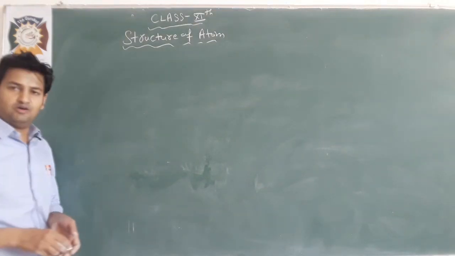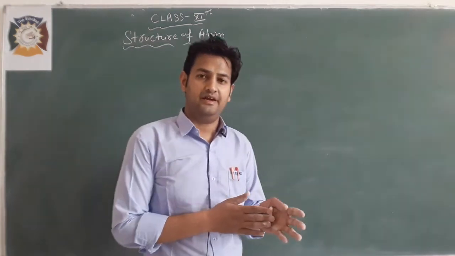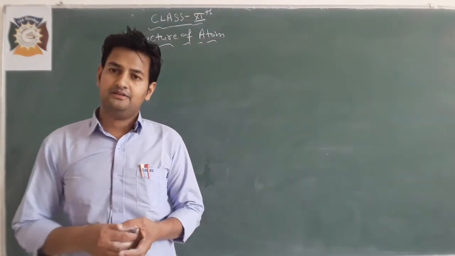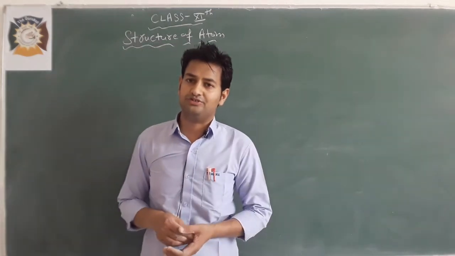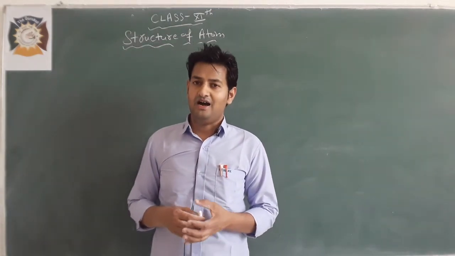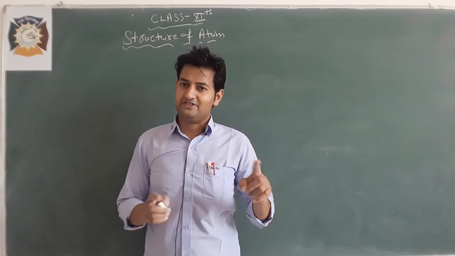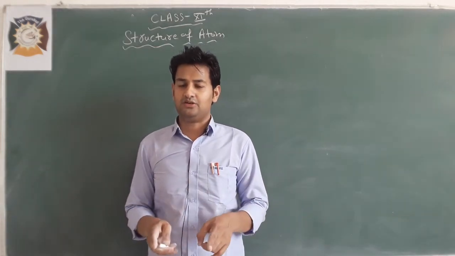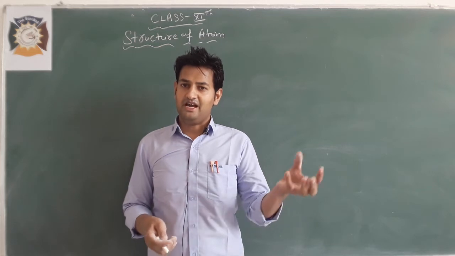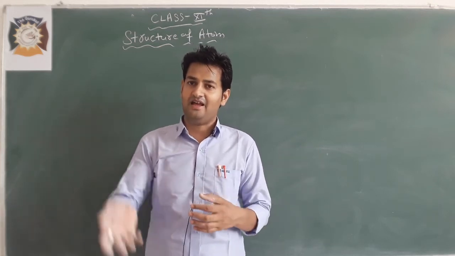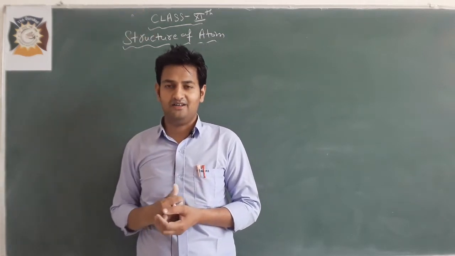When a sample of hydrogen gas is heated, hydrogen molecules dissociate into hydrogen atoms. A hydrogen atom consists of an electron. When discharge is passed, these electrons absorb or gain energy from the electric discharge and are excited to a higher energy level.